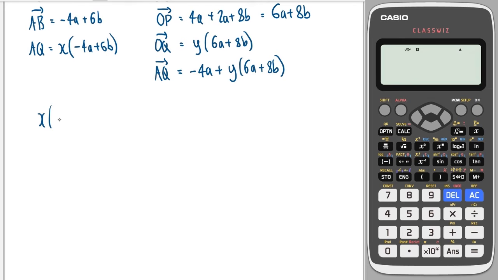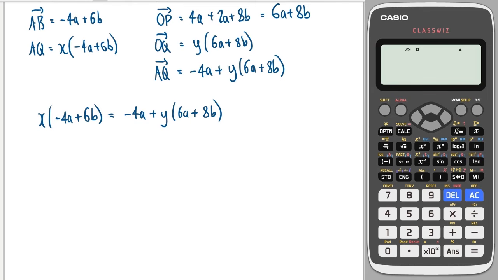So I can write that x lots of minus 4a plus 6b is equal to minus 4a plus y lots of 6a plus 8b. But not only do they equal each other, their components, a and b's, must also equal each other as well.